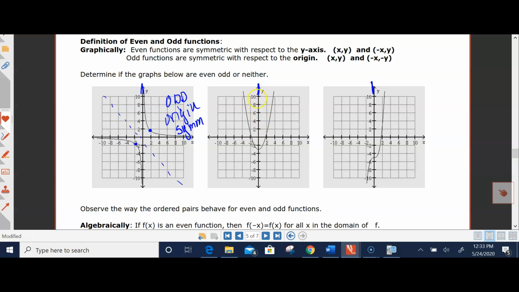Looking at this guy over here, this parabola, if I folded my page right here along the y-axis, the parabola would overlap itself. So it is an even function because it has y-axis symmetry.